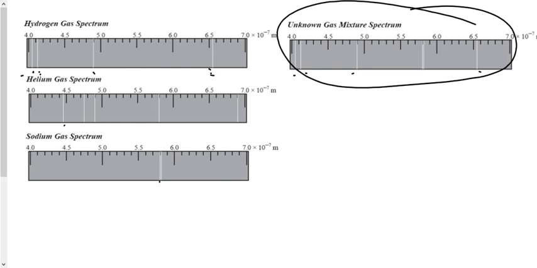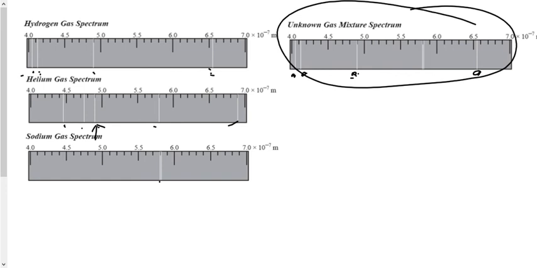Is there anything else in the unknown gas mixture? We know there's something else, right? Because we've accounted for this line and this line and this line and this line. That's from the hydrogen gas spectrum. Let's just check helium for a second. I know that Nick said it's sodium, but let's just double check helium here. Helium has this one, this one, this one, this one, this one. This one's there, right there, corresponds to one of the ones from hydrogen.